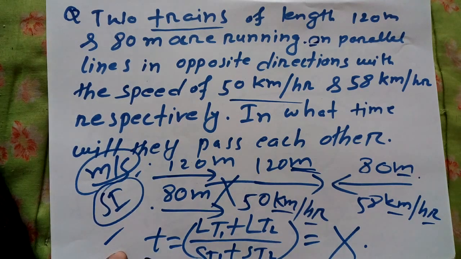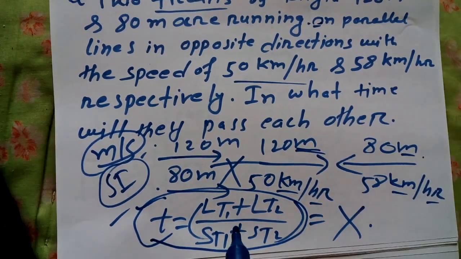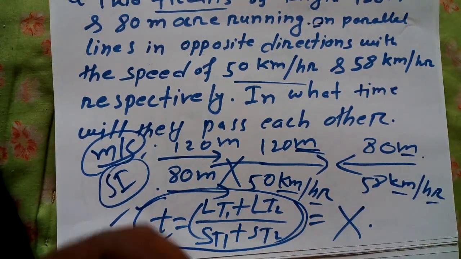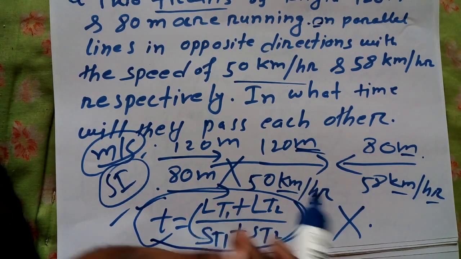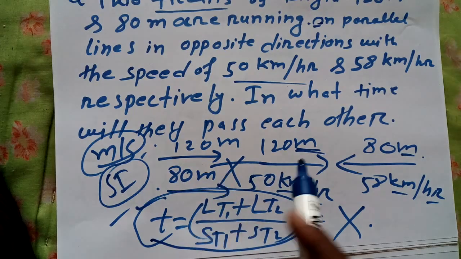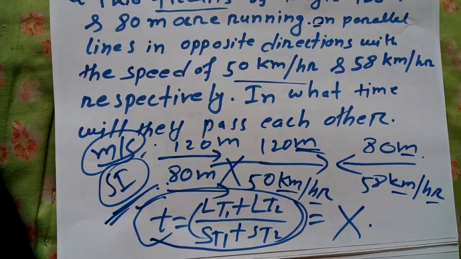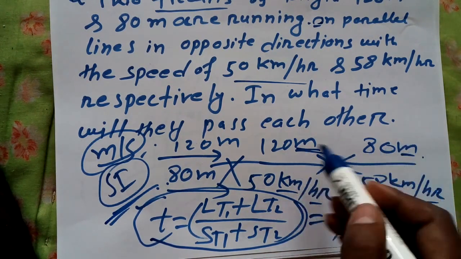Then I find a formula for finding the same thing. Then checking the units is more important. We need to find out whether all units are in the same system or not. So we need to convert all units into SI. It will be better for us because we are using SI here, meter and second.